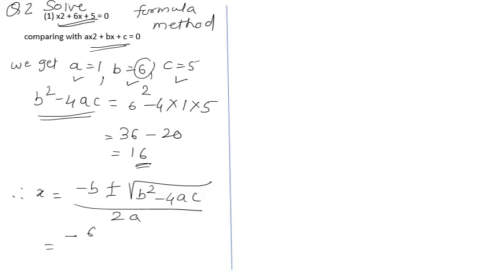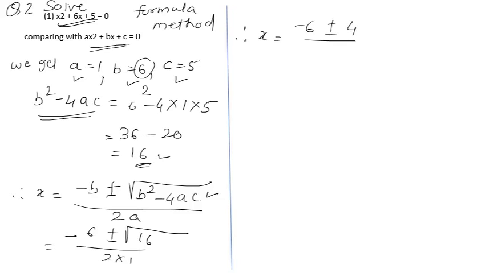Therefore, minus 6 plus minus the root of the value we have calculated, 16, upon 2 into value of a, which is 1. Therefore, x equal to minus 6 plus minus root of 16, which is 4, upon 2.